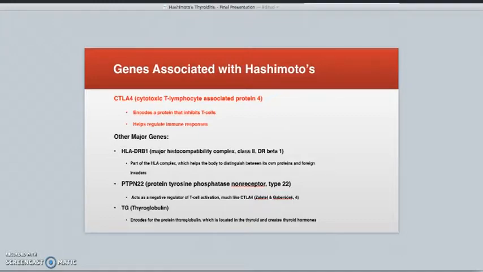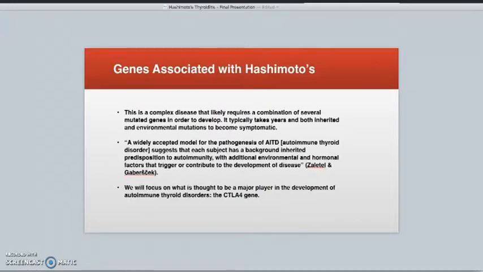So this is basically what I said before. It's a complex disease. It requires a combination of several mutated genes to develop. It takes years and environmental and inherited mutations to become symptomatic. So typically Hashimoto's does not start to exhibit symptoms until patients are in their teens to early to mid-20s.